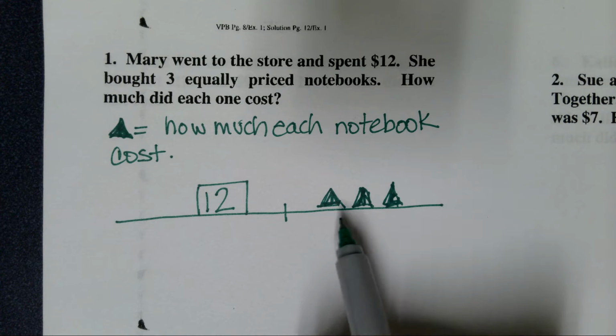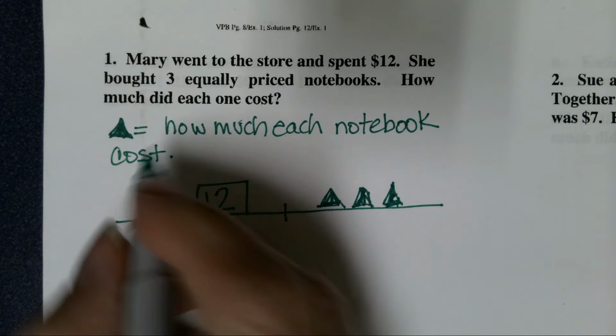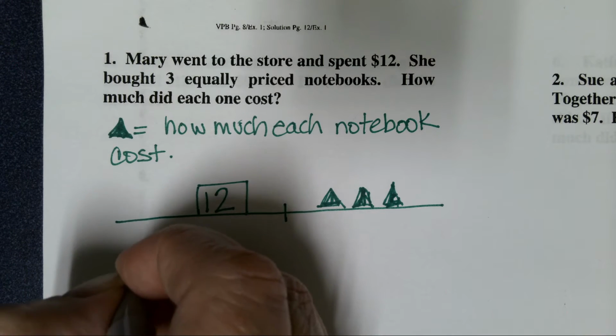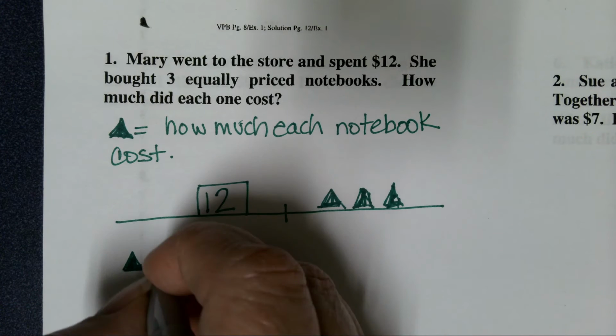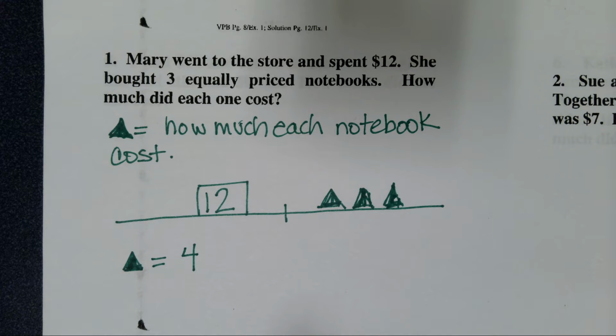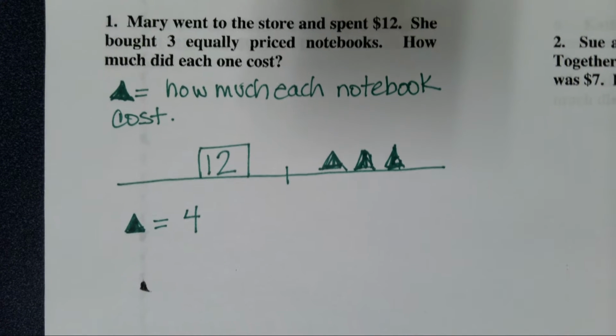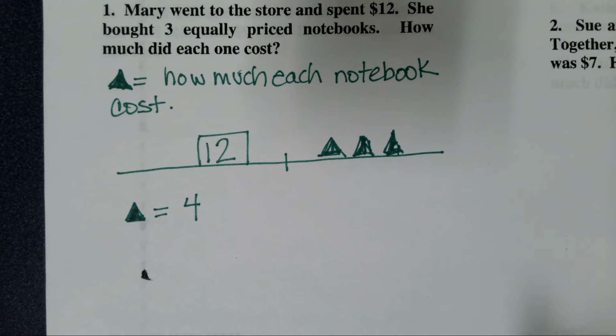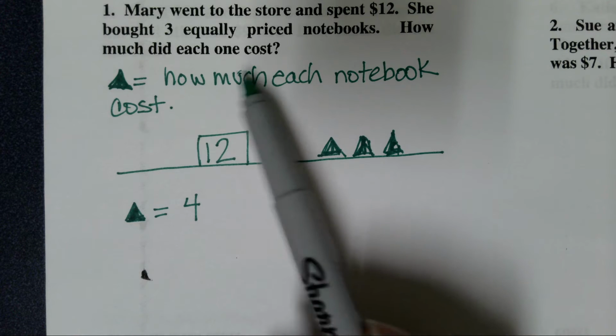So if we have 3 pawns equals 12, then 1 pawn equals 4. And then we write our sentence. We're going to write a complete sentence that answers the question. How much did each one cost?